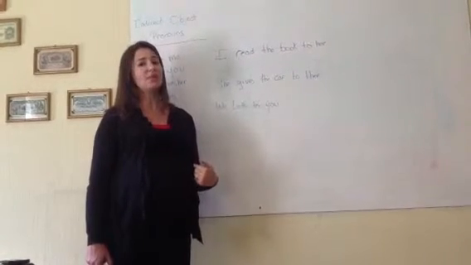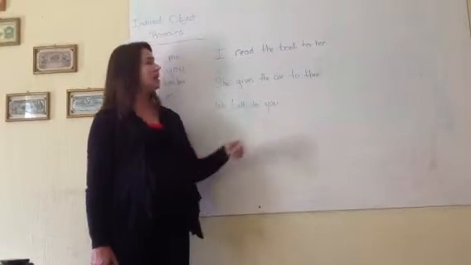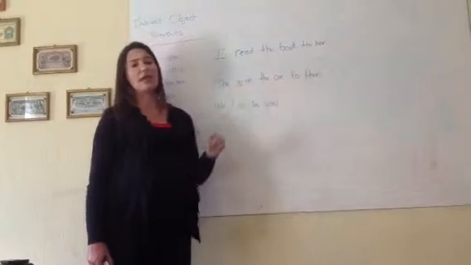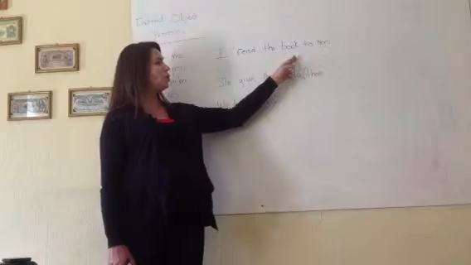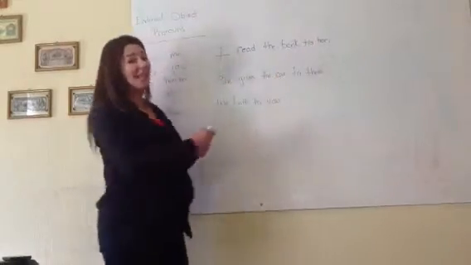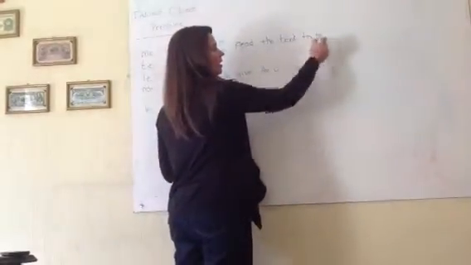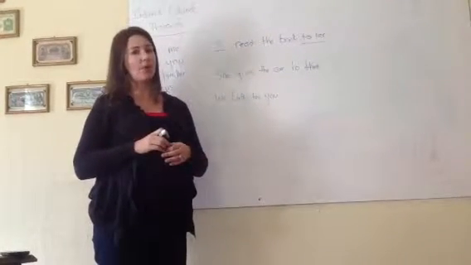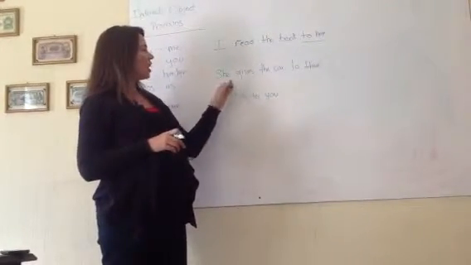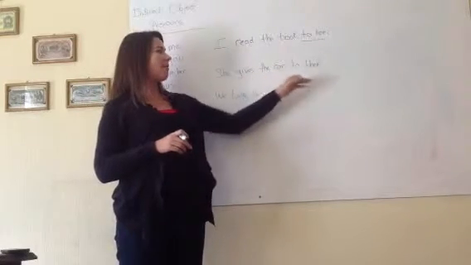As we learned last week for direct object pronouns, the book is the direct object because it's what I read. To her is the indirect object because it is to whom I read the book. She gives the car to them.